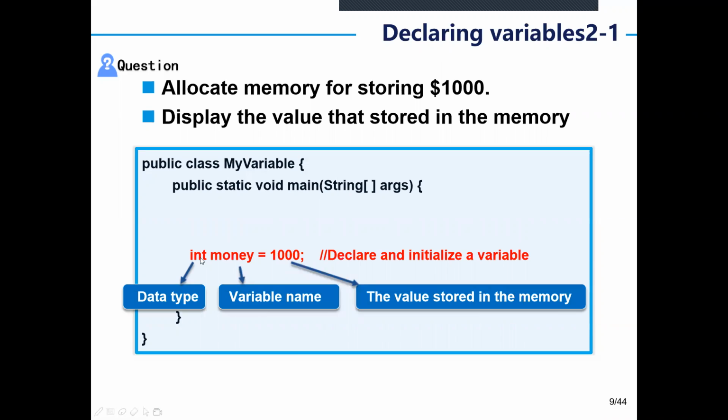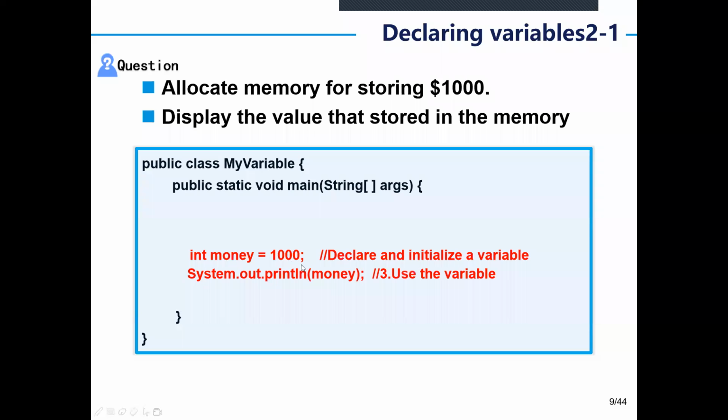In this statement, int is the data type, money is the variable name, and 1000 is the value stored in the memory. Note that the variable is stored in the memory when a program is running. After that, we can use the println method to display the money's value.